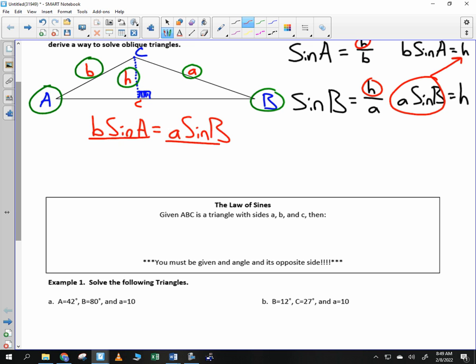I'm going to divide both sides by AB. And if I divide by AB, notice the B's go away, and I'm left with the sine of angle A divided by side A is equal to, what's over here?